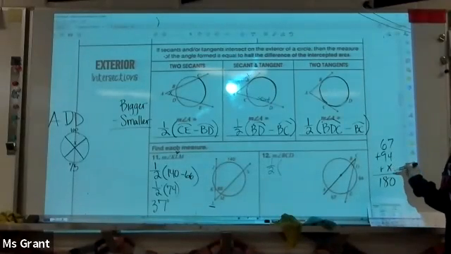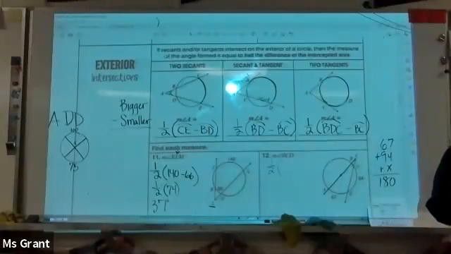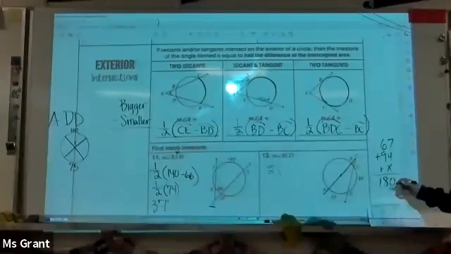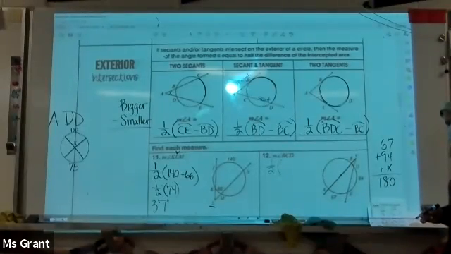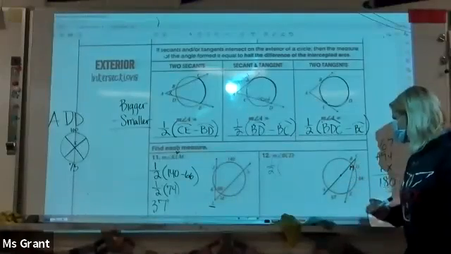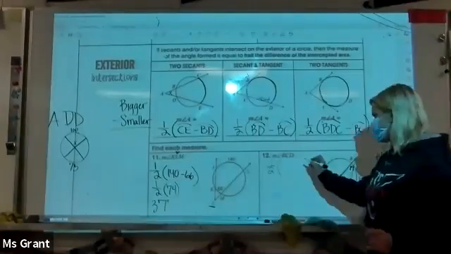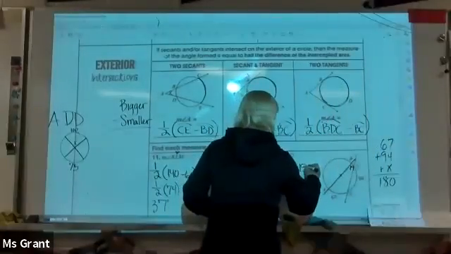So what is this missing unknown arc size? Someone on Zoom, tell me. 19. It's right here, 19. Now I can do my large arc minus 19, 67 minus 19.